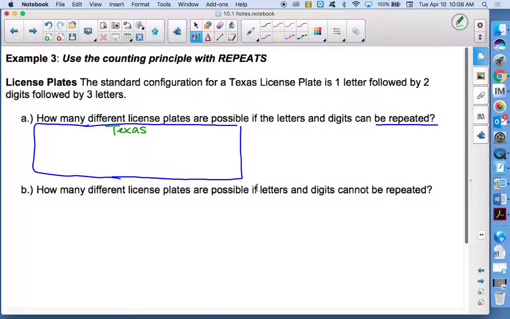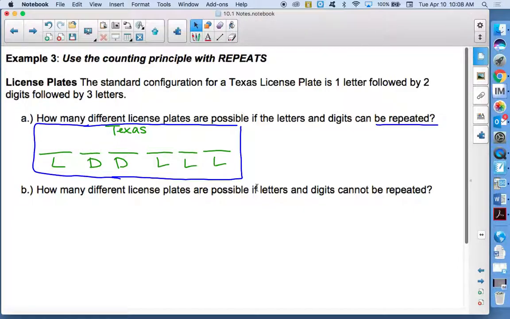Just so you get an idea of what you're thinking about when you're trying to come up with your combinations or your options. So it says we're supposed to have one letter followed by 2 digits followed by 3 letters. So this is a little diagram so that we know what we're thinking about.